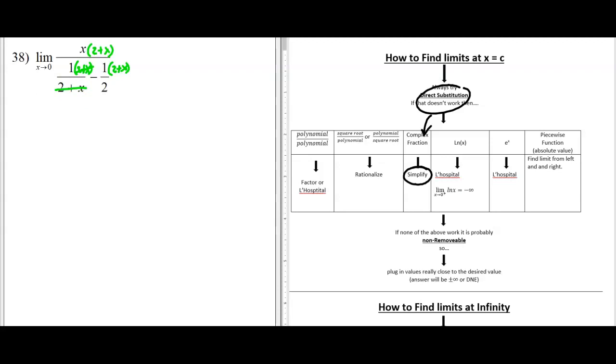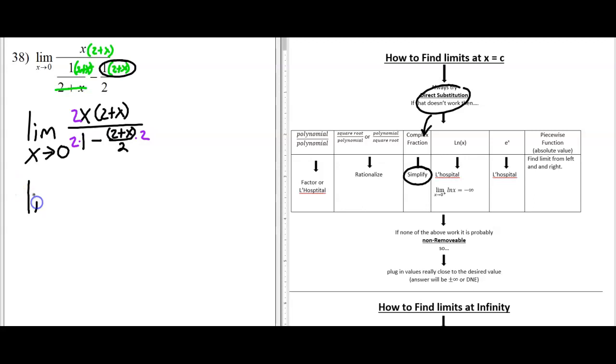So now I have the limit as x approaches 0 of x times 2 plus x over 1 minus 2 plus x over 2. Multiply those together, you just get 2 plus x, right? Then we're going to multiply everything by 2 to cancel out that little 2. And that's going to leave me with the following.